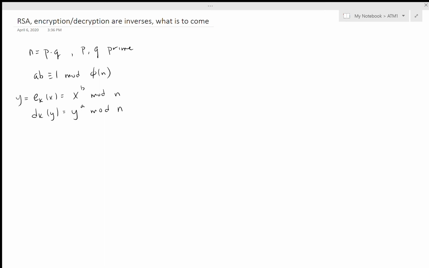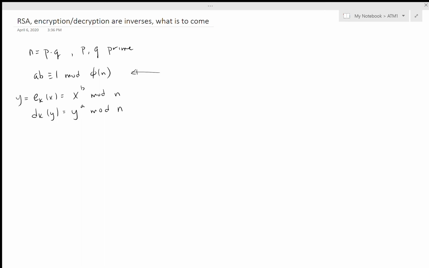We're going to verify that these two functions, e_k of x and d_k of y, are in fact inverses of one another. Let us start with the statement that the a and the b that we've chosen for our exponents in our encryption and decryption functions are inverses. We chose them that way.